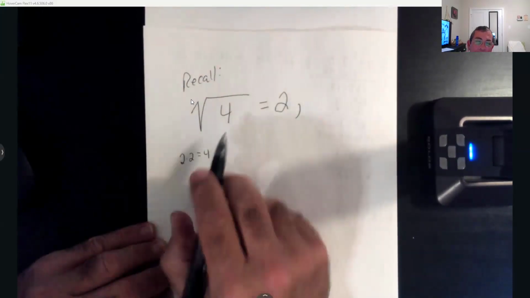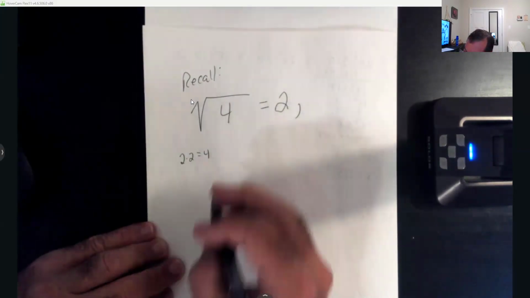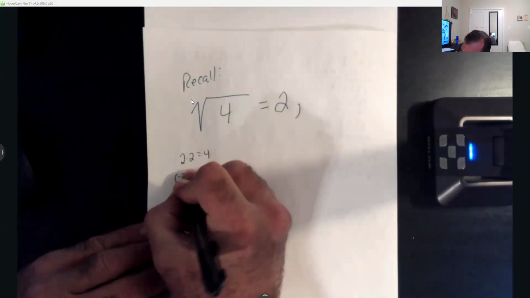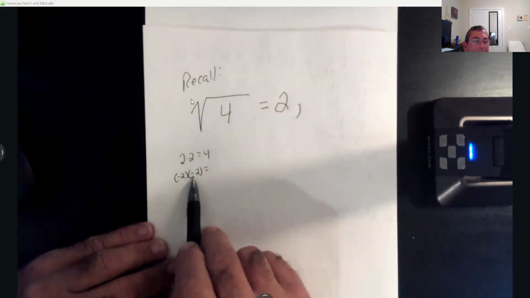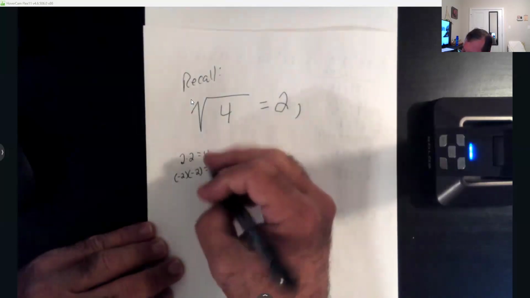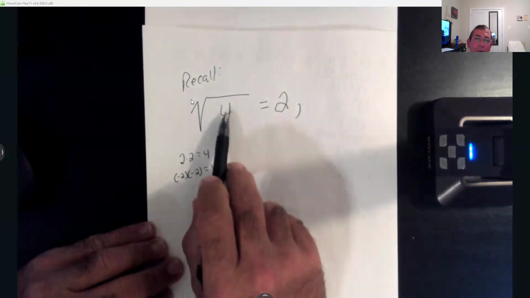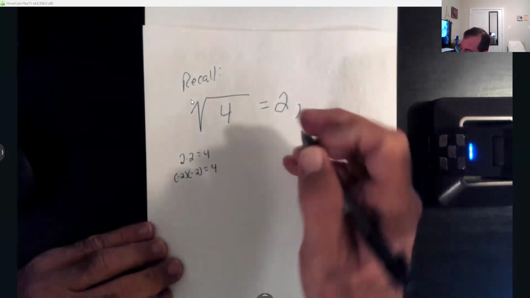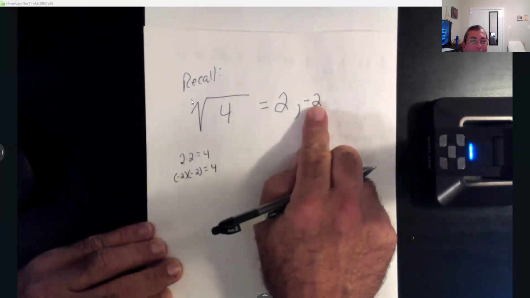But y'all, I will tell you, there's another number I can multiply times itself and make a 4. How about this? What's -2 times -2 equal? 4. It equals 4, right? So that means the square root of 4 can be a +2 or it can be a -2.